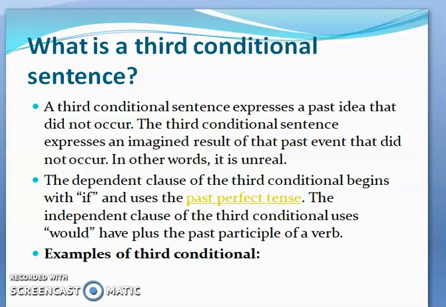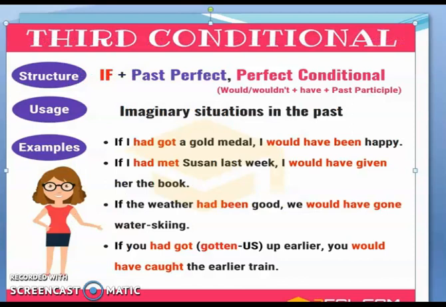In other words, very easily you can say the third conditional sentence is an unreal sentence. Now look at the example given here for the third conditional sentences. In the third conditional sentences, we are using imaginary situations. We express more about imaginary situations.